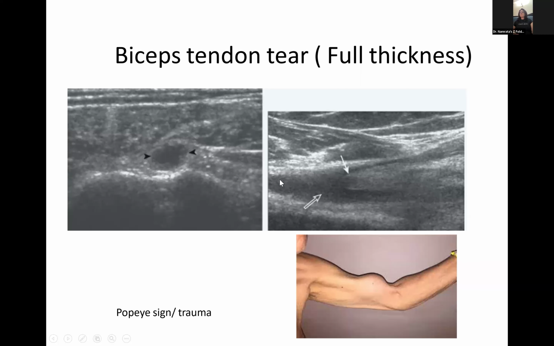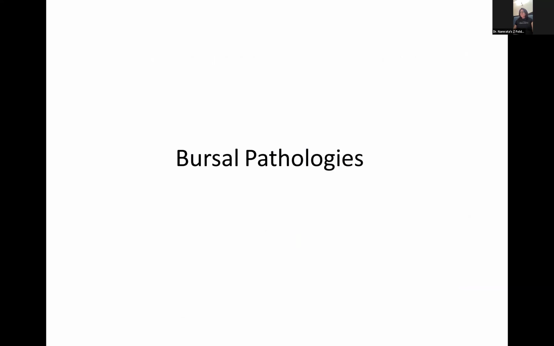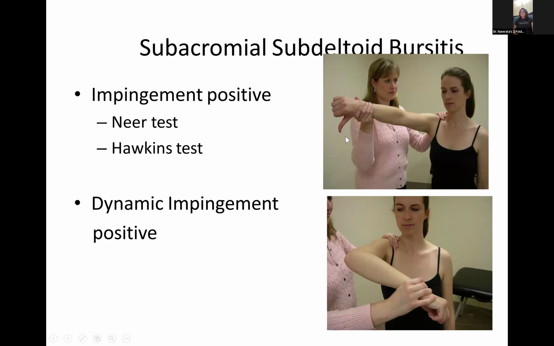You will not be able to see the tendon, and in the long axis too, you can see the anechoic, complete full-thickness tear of the biceps tendon along with retraction of the tendon, and the patient will present with this bump in the forearm, which is known as Popeye sign, and it is usually associated with some kind of trauma.